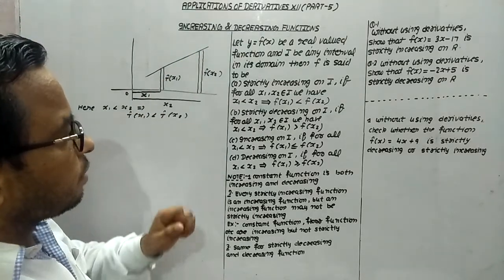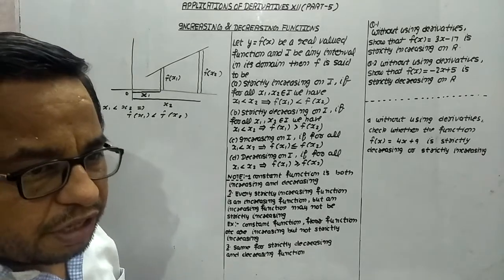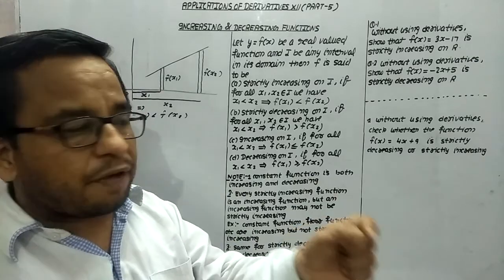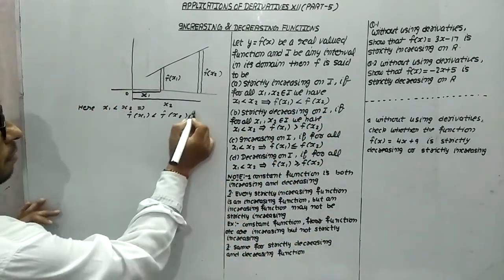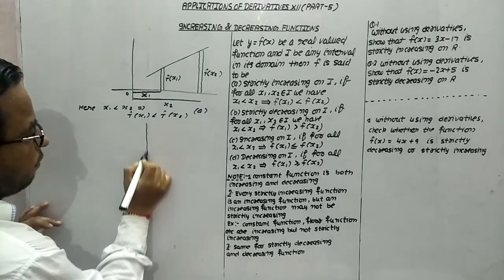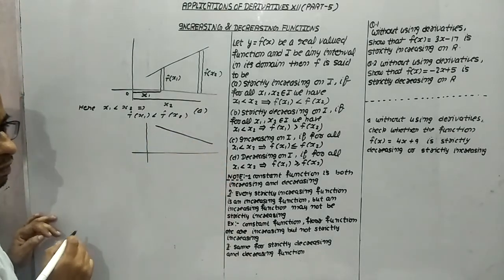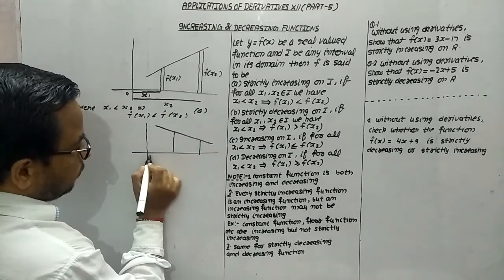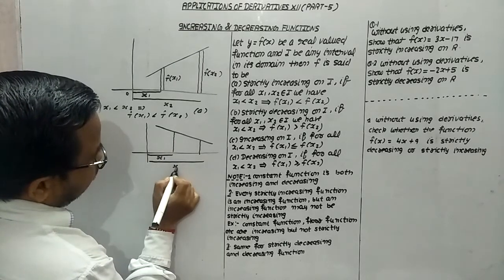Now next is strictly decreasing on I. In this case, if we have x1 < x2, it implies that f(x1) must be greater than f(x2). To understand this part, let us suppose this is the graph and I am taking these two points, x1 and x2.